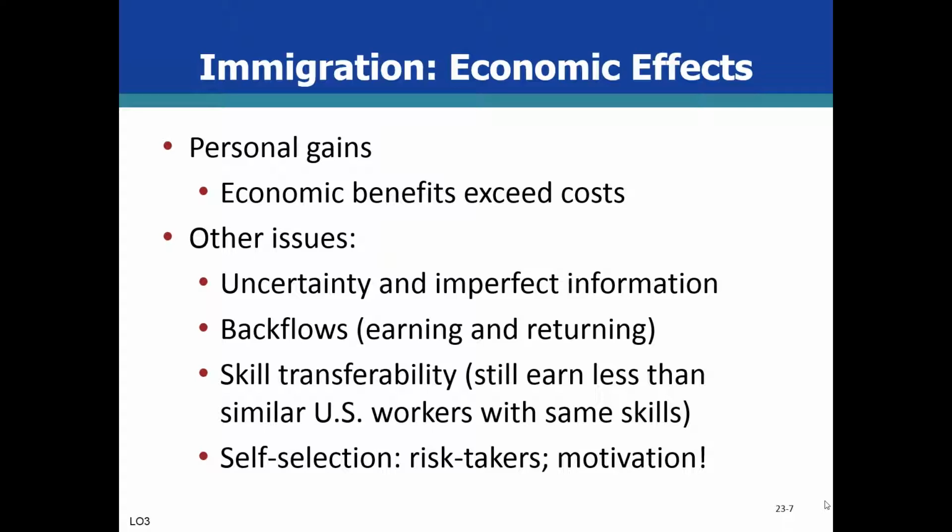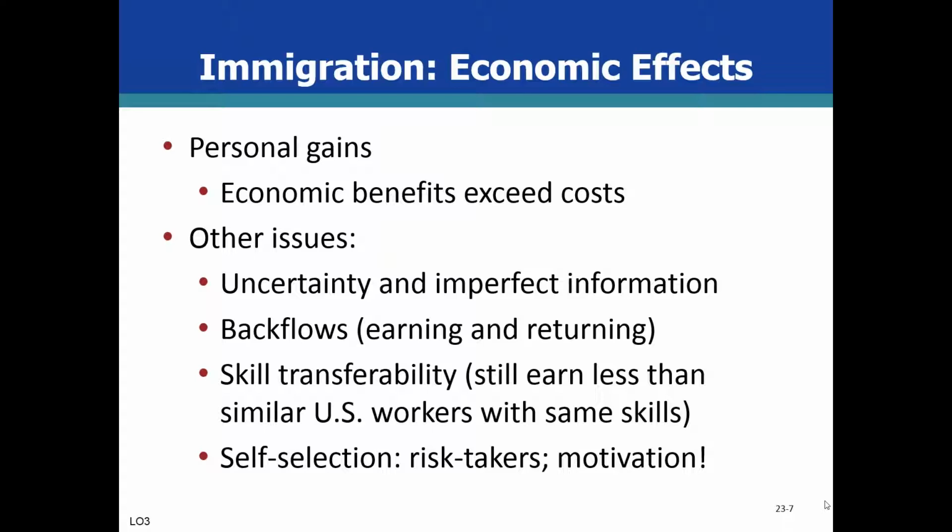Although economic immigrants improve their standard of living, they may not achieve pay parity with similarly educated native-born workers. The skills that migrants possess are not always perfectly transferable. Why? Well, there could be occupational licensing, training requirements, language requirements, learning, etc. The way that it's done in the host country rather than the home country.